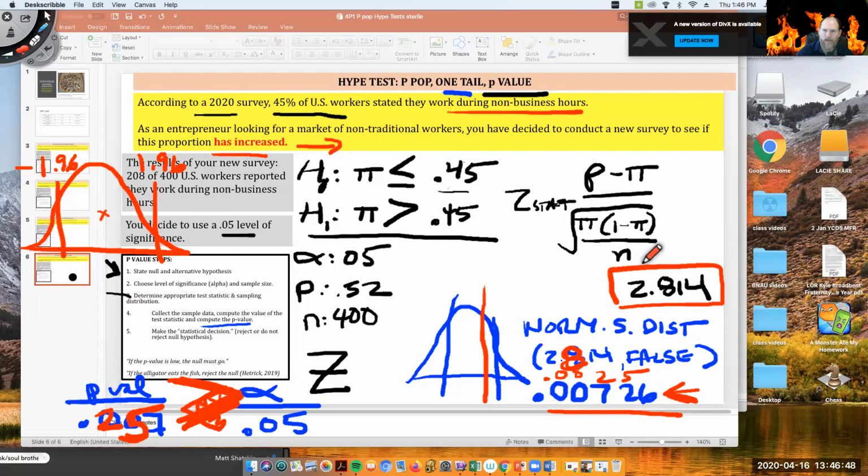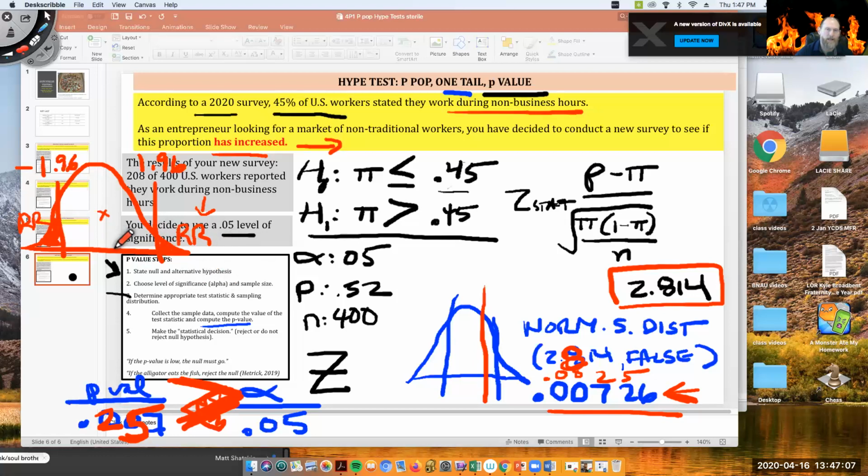We look at the value of our statistic, 2.814, and that would fall out here. This area is our rejection region, this shaded spot, this shaded spot.